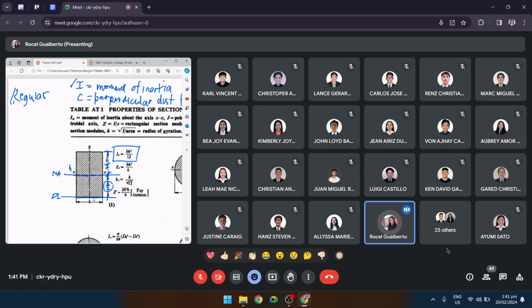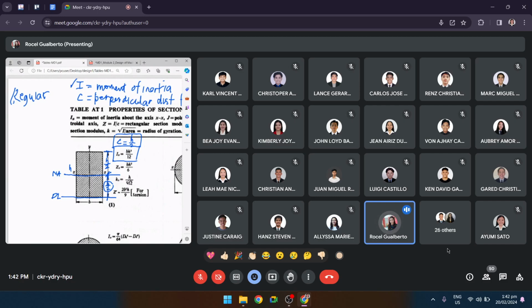Once you know these distances, you choose whichever is higher, and that would be the value of C. In this case, your C is simply equal to H over 2, the height of the rectangle divided by 2. So this is the value of C and the value of I for a rectangular cross section.